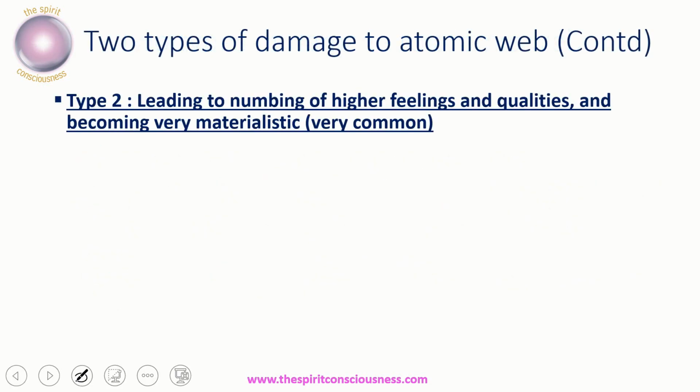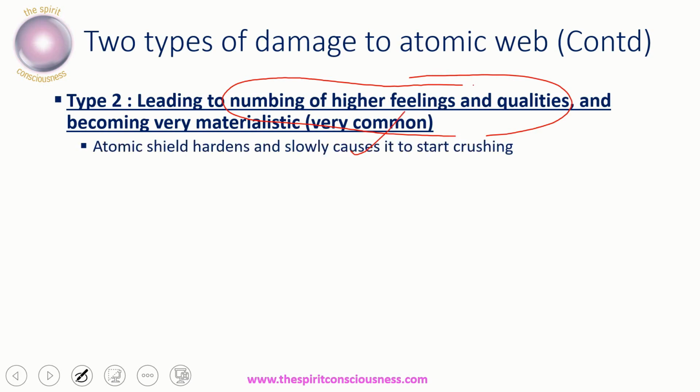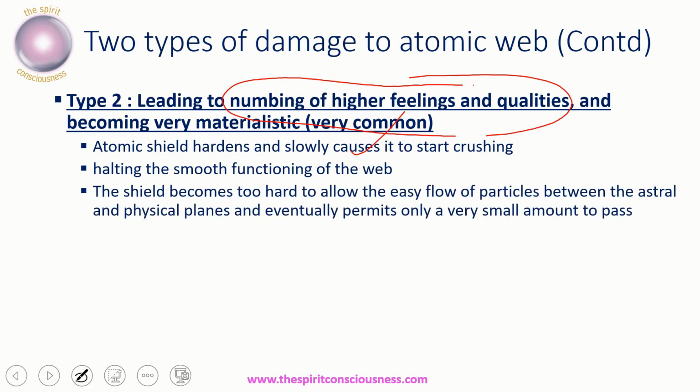Type 2 leads to the numbing of higher feelings and qualities and becoming very materialistic, which, as you would have guessed, is a lot more common. The atomic shield hardens and slowly starts crushing, halting the smooth functioning of the web.